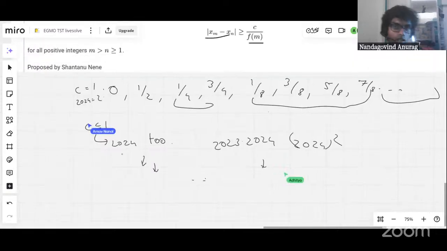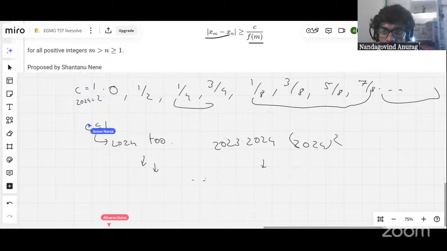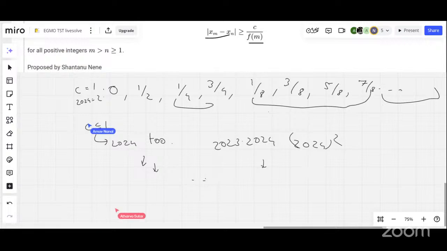I guess for c more than 1, what might happen is the numbers might fall out bigger than 0 or 1.